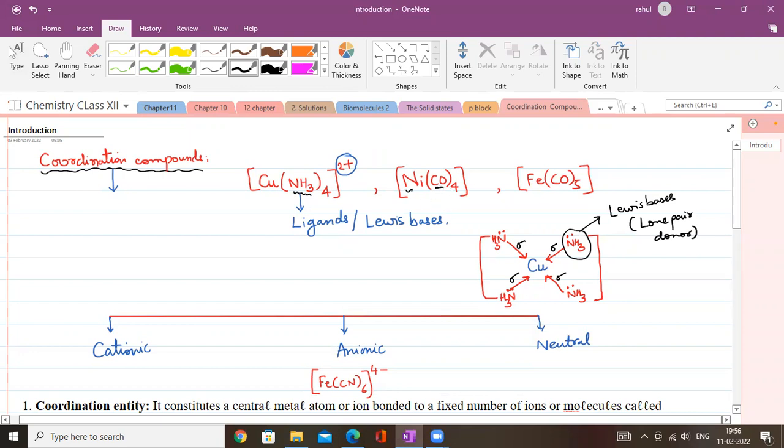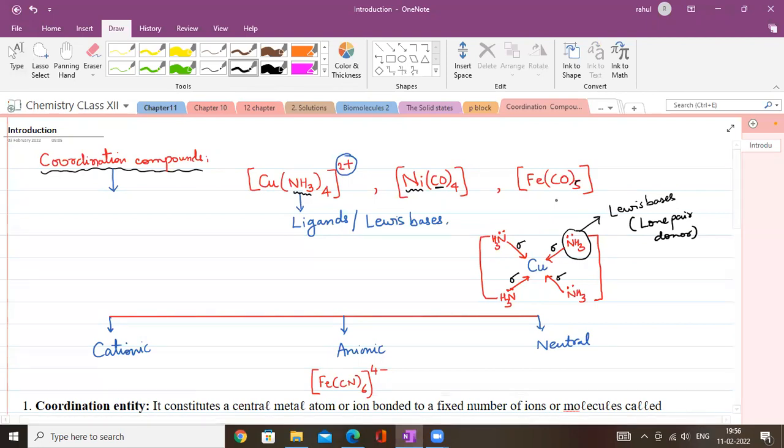This is the central atom, and this bracket is basically called the coordination entity or sphere. Another example is Fe(CO)5. This is also a central atom, iron, with 5 carbonyl groups as ligands, of course ligands are CO only.